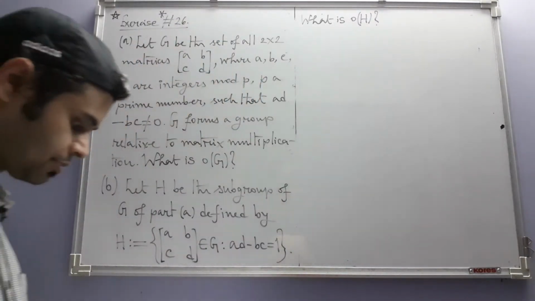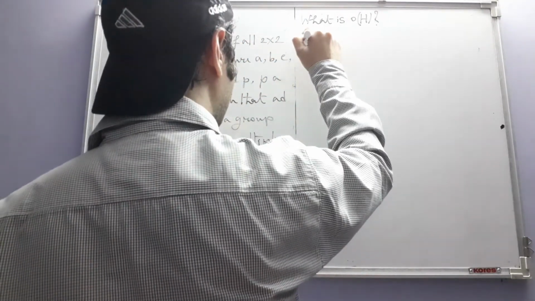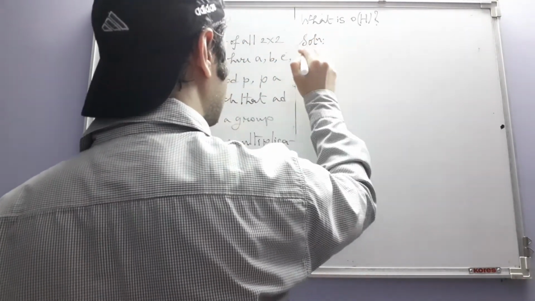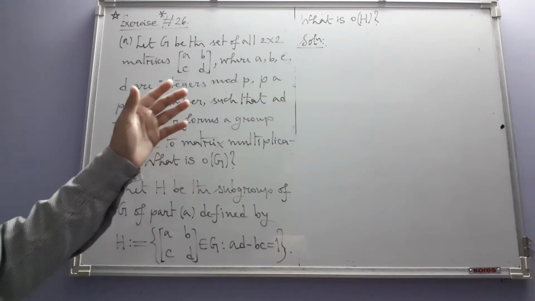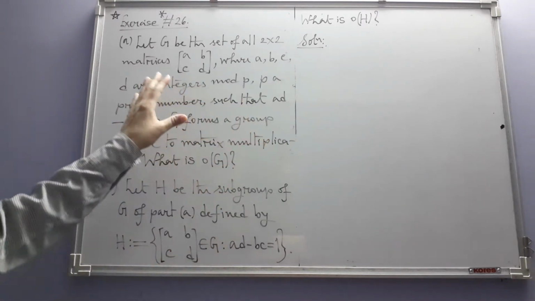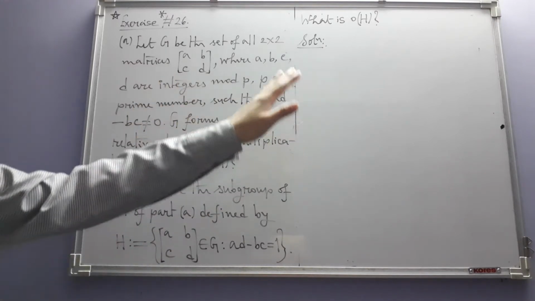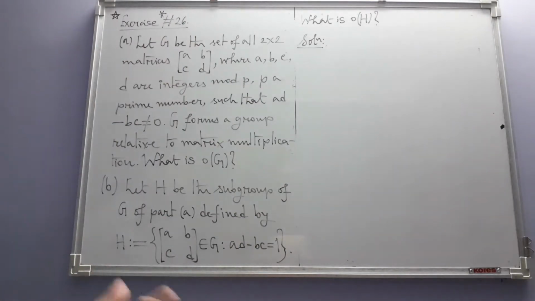Okay, so let us now see the general solution. Even though we have a general prime and the solution is somewhat more complicated than the previous one, it follows the same pattern as the previous one. So if you have understood the previous one, you will understand this one.